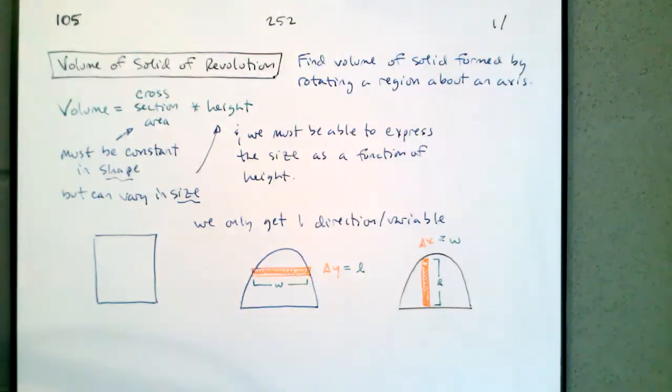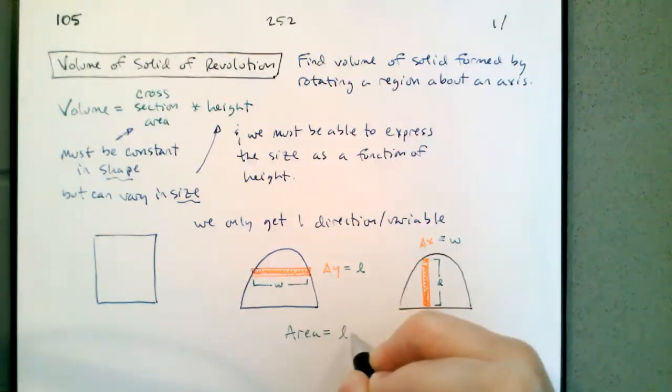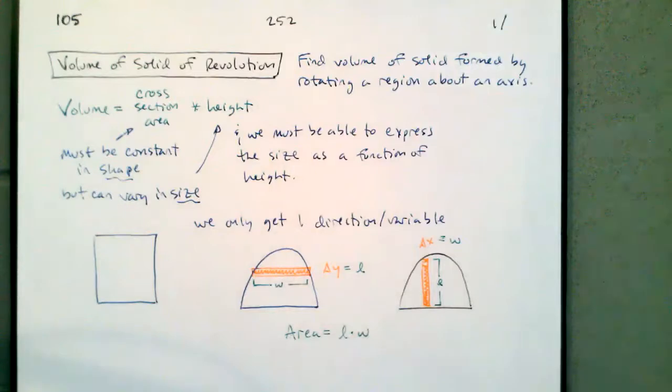So we have these choices that we can make because we're just finding area. One of them takes place of the delta x, the other is the delta y.